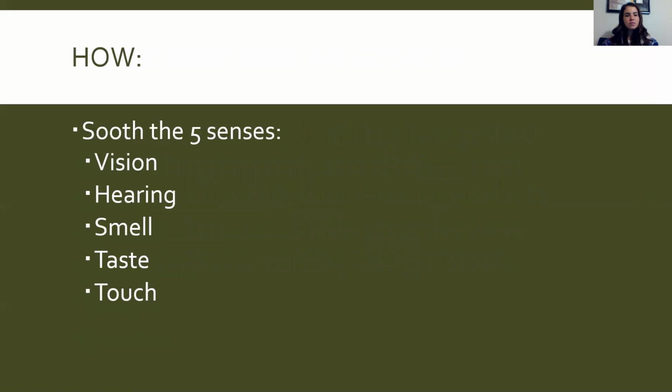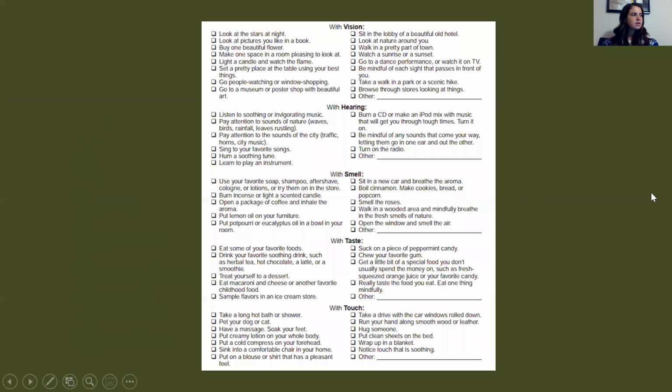So how do you self-soothe? You want to think about all 5 senses when you self-soothe. So vision, hearing, smell, taste, and touch. So what are some ideas for that? This is distress tolerance handout 8. If you think about each of the different senses, what can you do?